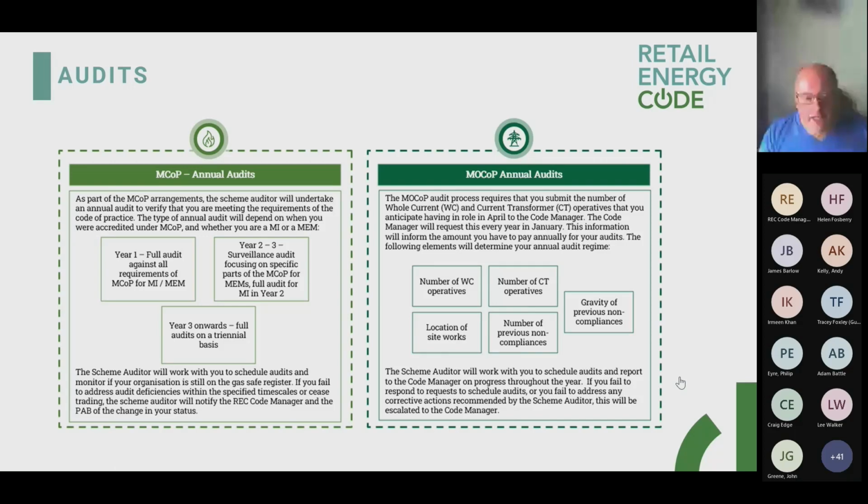In years 2 and 3, they're classed as surveillance audits, and they'll focus on specific parts of it. Now, the reason why it's done that way is if there are elements that organisations aren't picking up on, and it's been identified that there is an issue, then they can use that to focus on those areas.